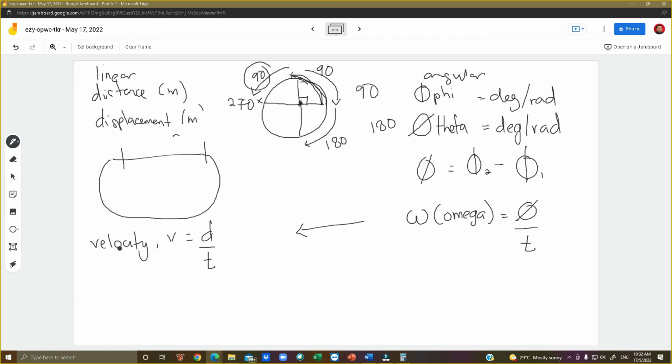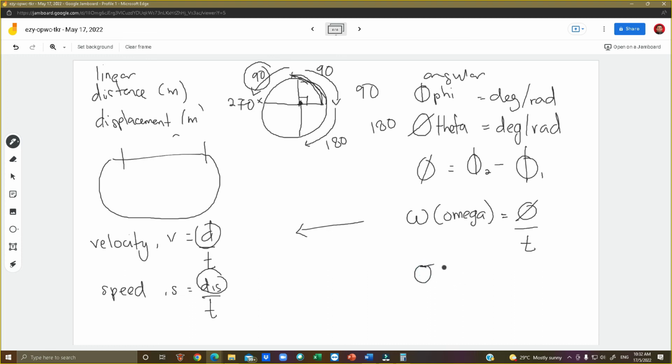Jadi kawan velocity ni kita ada apa? Kita ada speed kan? Speed ataupun S equals to distance over time. Beza ni je. Speed, distance, velocity, displacement. So same goes as angular. So kita ada satu lagi simbol macam ni. This is speed.